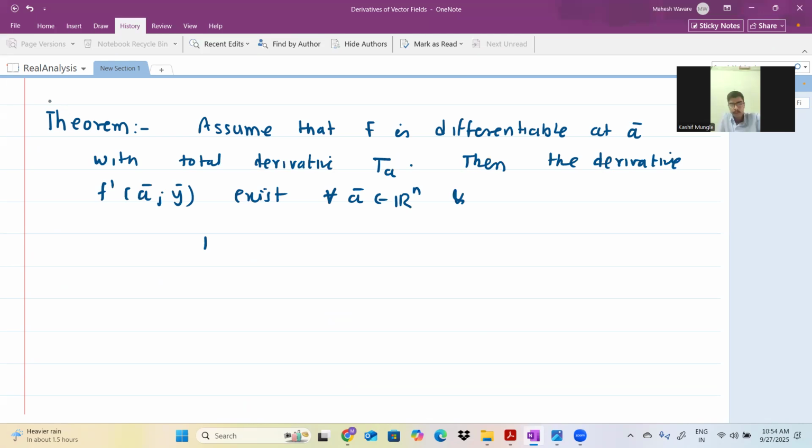And that derivative is given by this formula. This formula is important. The derivative is given by f dash at A bar in the direction Y bar.